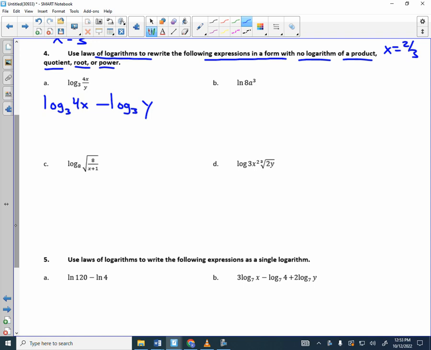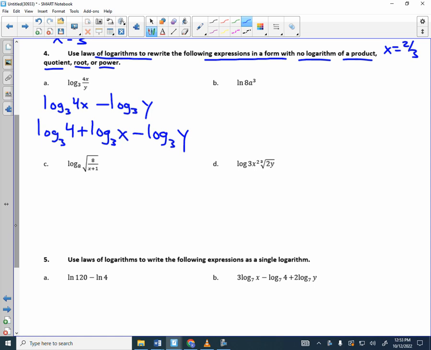So then this multiplication here, instead of log base 3 of 4x, I could write as log base 3 of 4 plus log base 3 of x minus log base 3 of y. Good. So as you see this, I have it written in the addition and the subtraction. Notice how y is in the denominator, so that part is negative, whereas 4x, that's in the numerator, so those are positive. No big deal, huh?